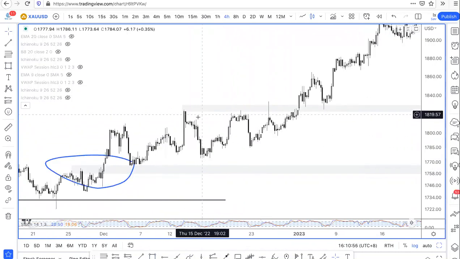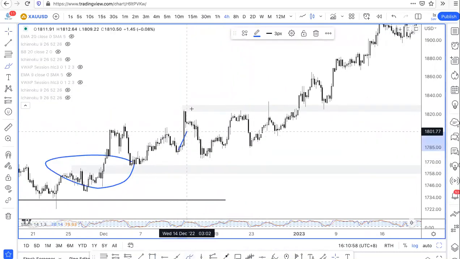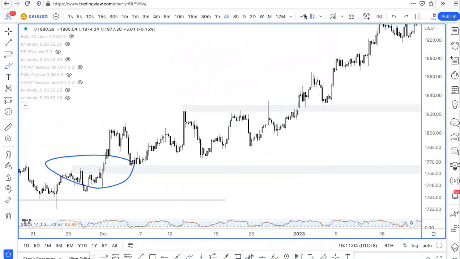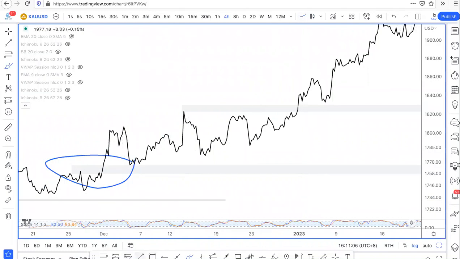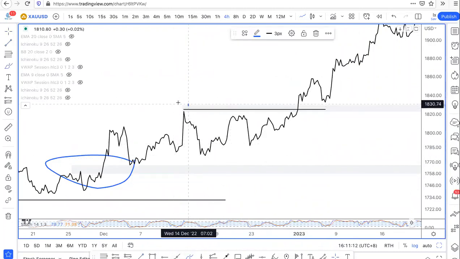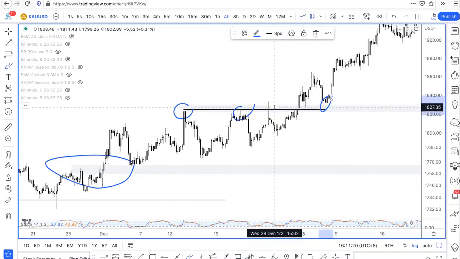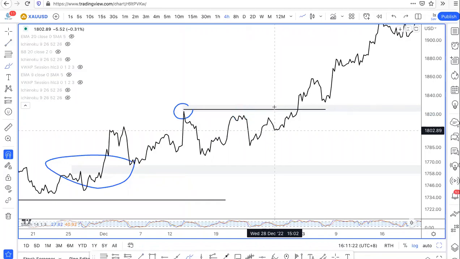So just looking at how price reacted with this zone, you can see price coming in to test it as a resistance, broke above it, and currently sitting on it as a support. Even if I were to zoom in closer, you can see this area is where I can draw a horizontal line across and it sits nicely on both sides. So price came in to test this as a resistance, broke above it, and retested it as a support. Okay, so these are zones that we want to keep a lookout for.